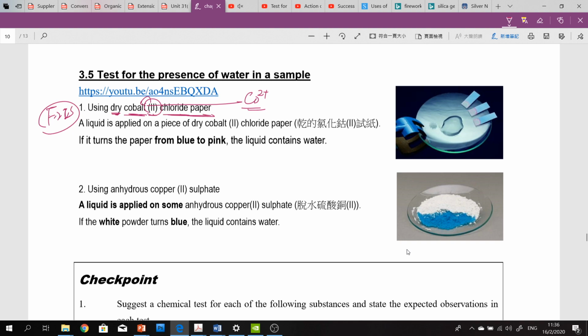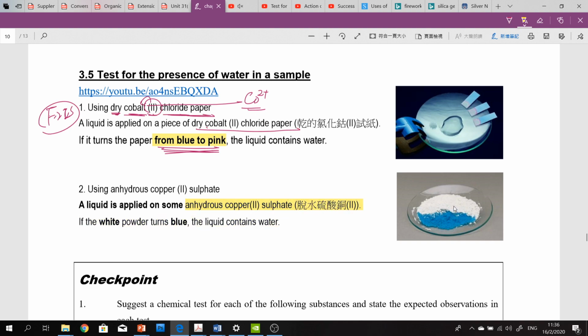When I apply a liquid onto a piece of dry cobalt(II) chloride paper, the paper will turn from blue to pink. Could you please remember the color? It is from blue to pink. So we say that the liquid contains water. Also, you may use anhydrous copper(II) sulfate, 無水硫酸銅二.